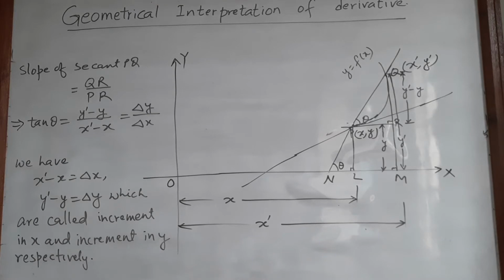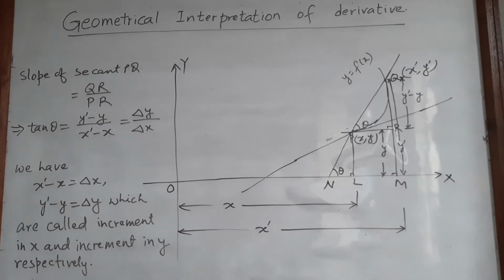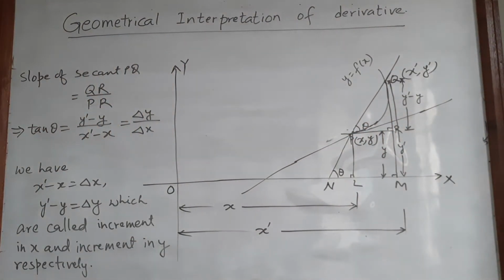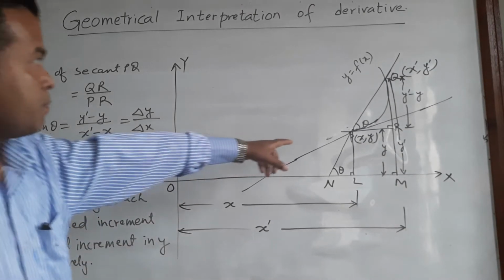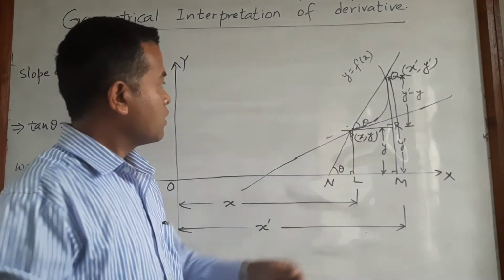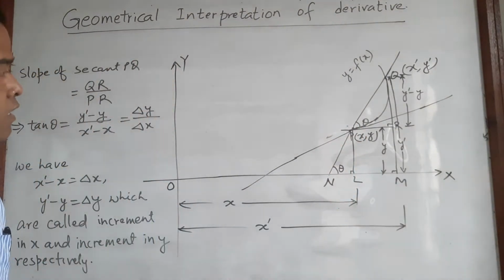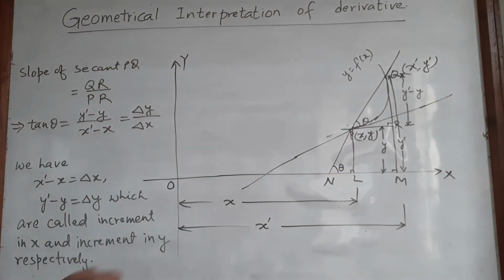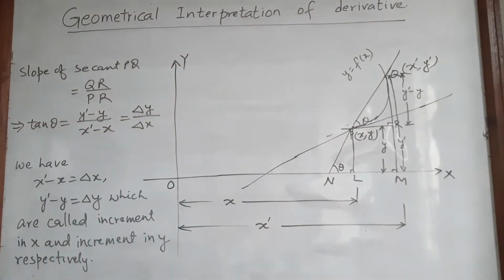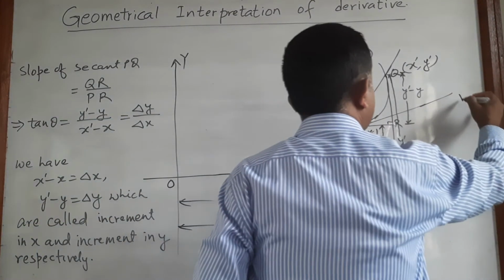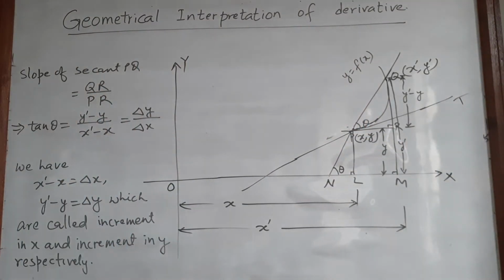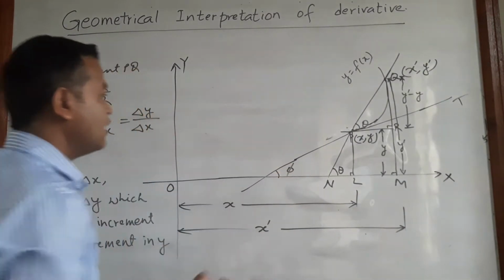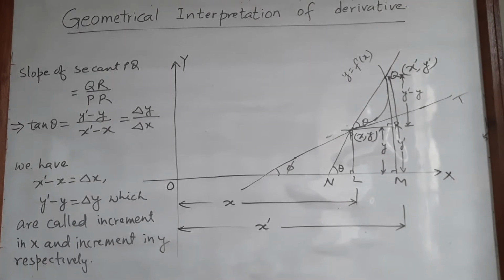Okay, so when Q moves along the curve and approaches P, the secant PQ rotates about P, and when Q coincides with P, the secant PQ becomes the tangent at the point P. This PT is the tangent to the curve at the point P. Let us suppose that it makes an angle phi with the x-axis.